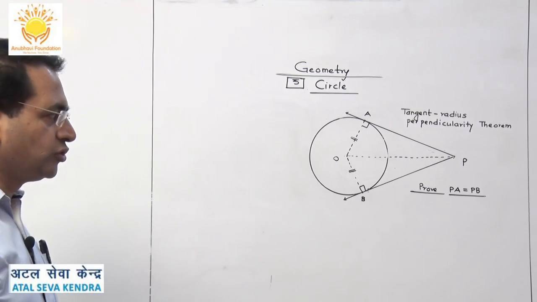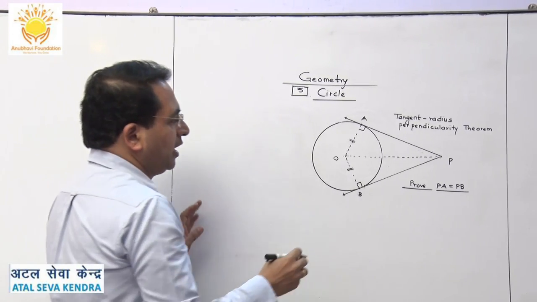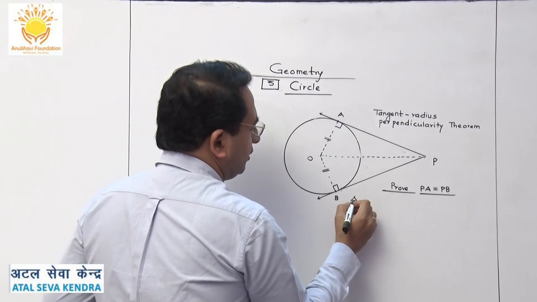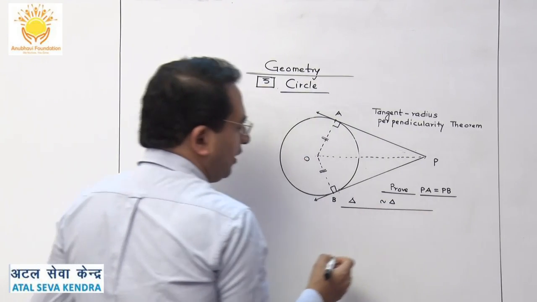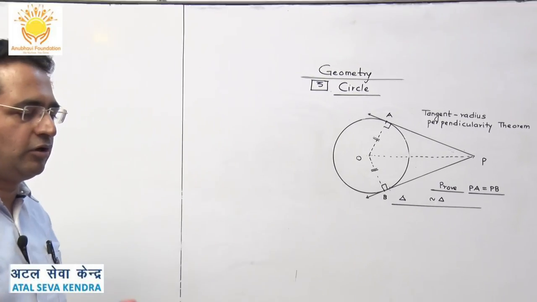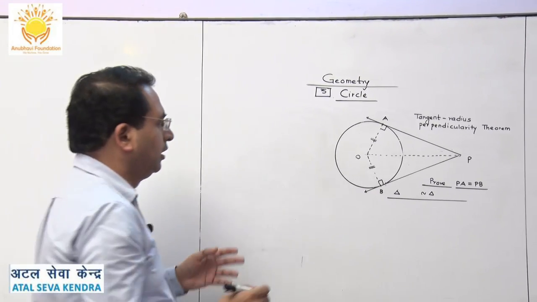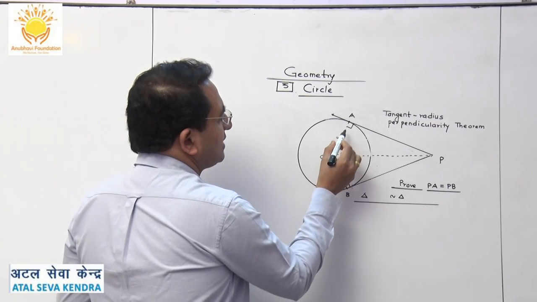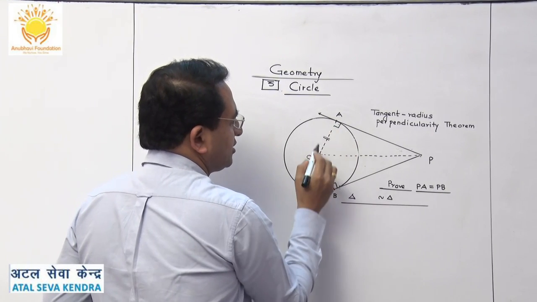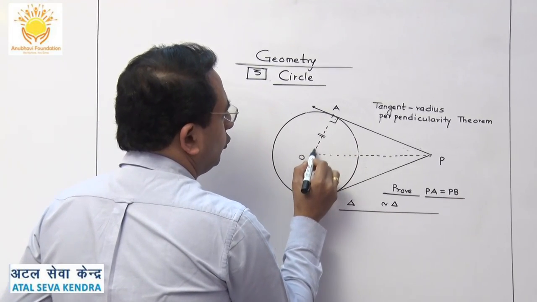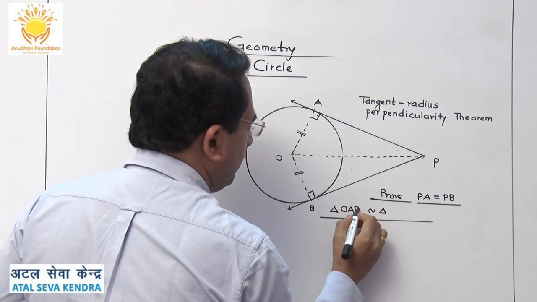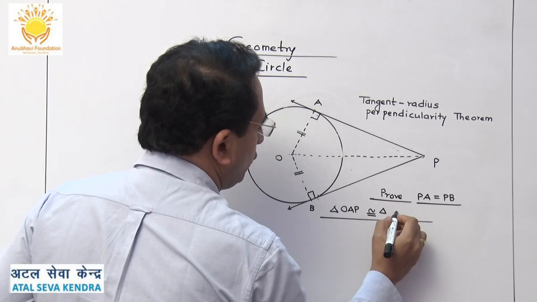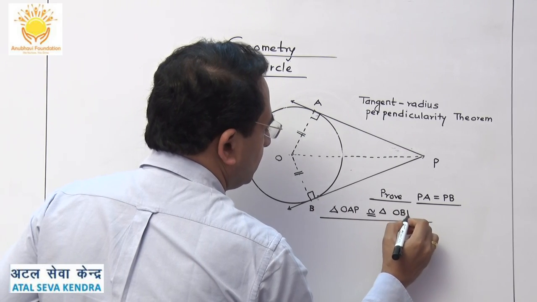We have to use this particular property, and remember one more thing that is better for many questions henceforth. Whenever you are writing something about a right angle triangle, you have to take the center as 90 degrees. That is triangle OAP is congruent to triangle OBP.